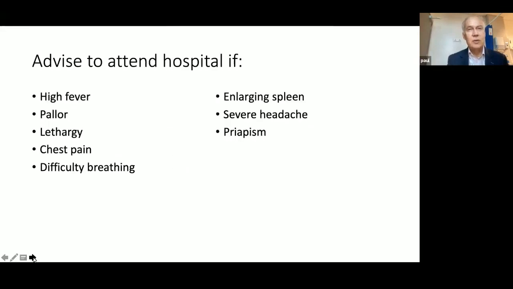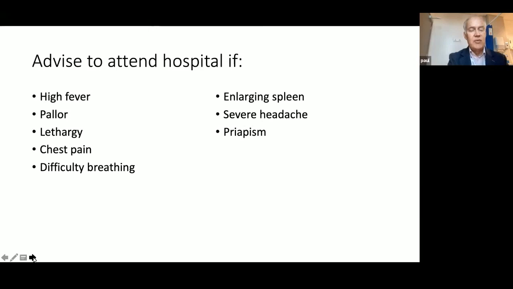When to attend hospital, and this is particularly directed towards the parents. So if your child has a high fever, if your child looks very pale, is very lethargic, if there's chest pain, difficulty breathing, which may indicate an infection, a sickle crisis, or a chest crisis, which I'll come to, if the spleen is getting large, if there's a severe headache, or this condition called priapism, where the penis becomes erect and painful, not seen in young children, but in older boys and adults with sickle cell.